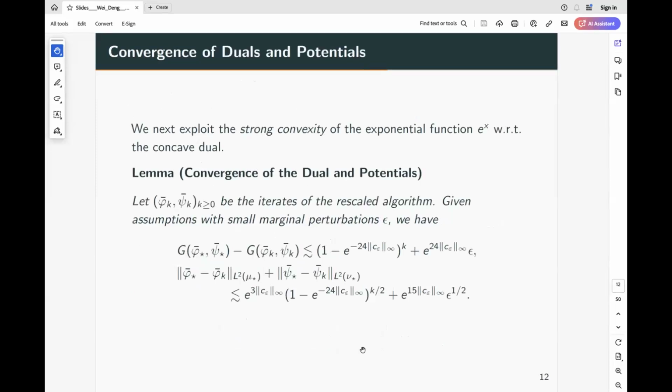So now we can have the first auxiliary result about the convergence of the dual and the potential functions. By exploiting the strong convexity of the potential function with respect to the concave dual, we can get the convergence of the dual and the convergence of the potential functions. So basically, it includes a linear convergence thanks to the convergence of the optimal transport in constrained settings.